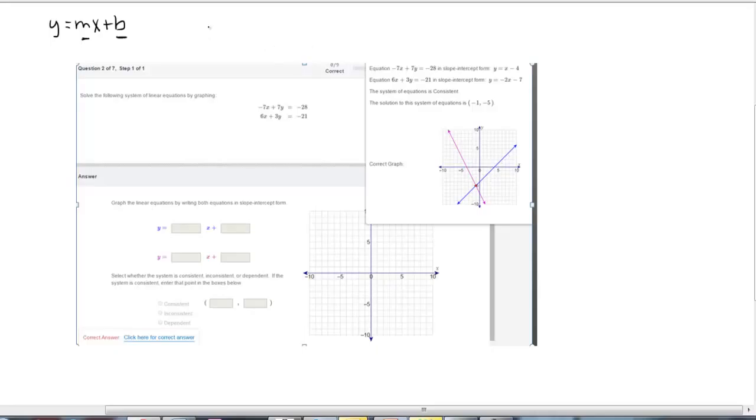First thing is we already have the entire equation, so we can get it into that form. Here we have negative 7x plus 7y equals negative 28.